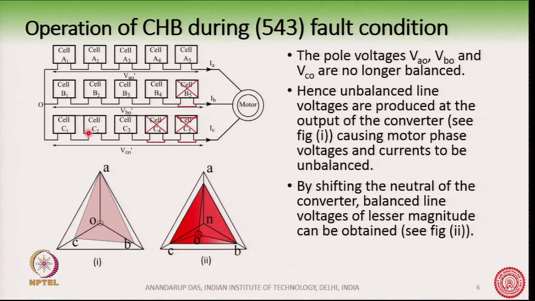What you can do is, you can also bypass two healthy cells in phase A and one healthy cell in phase B. You can say, okay, fine, in order to get balanced voltage, I will only operate 3 healthy cells in B phase and 3 healthy cells in A phase, that is a possibility, and I get a balanced voltage.